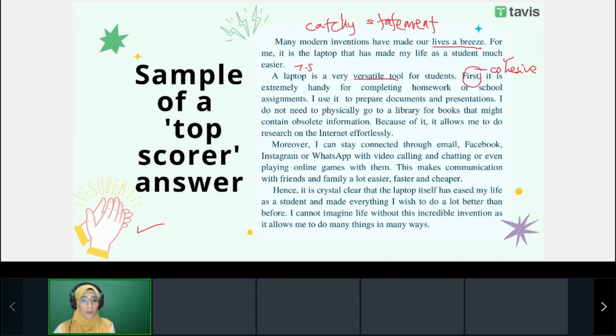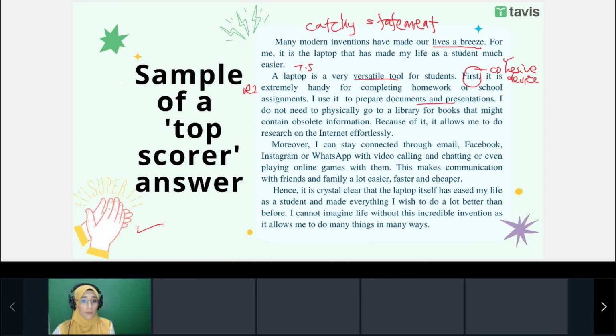Very good. Okay? To introduce a supporting idea. First, it is extremely handy for completing homework or school assignment. So this is his or her reason for stating the laptop being a versatile tool. I use it to prepare documents and presentations.